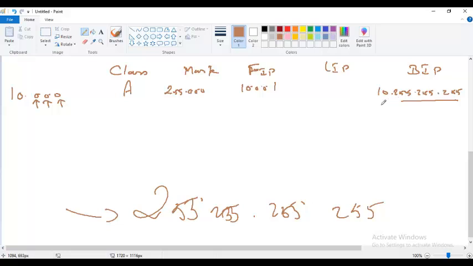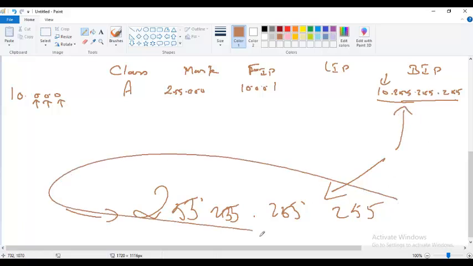Listen to this. This is a broadcast address. This is also a broadcast address. Now, what is the difference? This is the broadcast address for all networks, but this is the broadcast address of only 10 network. If any packet is sent to this address, it will go to every network on the earth.